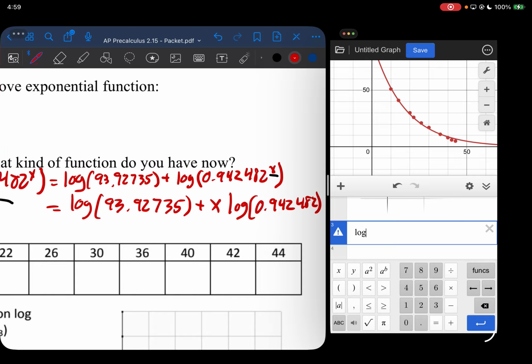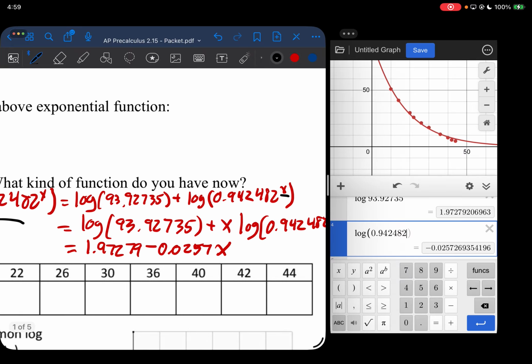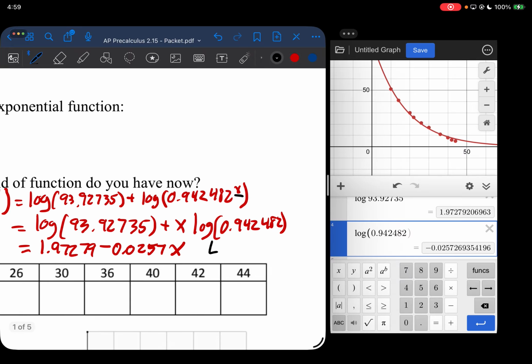Log of 93.92735 and log of 0.942482. So this equals 1.97279 minus 0.0257x. So the kind of function that we have now is a linear function.